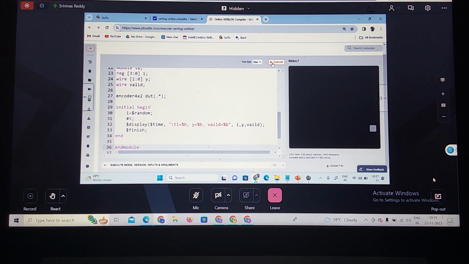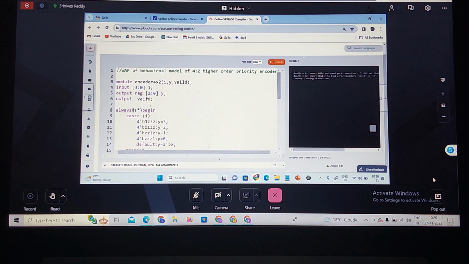Okay. Now let us run for the syntax errors. So line number 27. It is showing that wildcard port connection dot star did not find a matching identifier for the port 3. What is the port 3? Valid. What is the spelling for the valid? It may change.